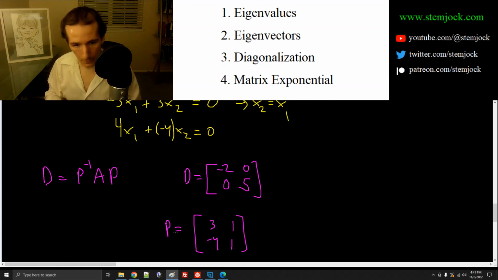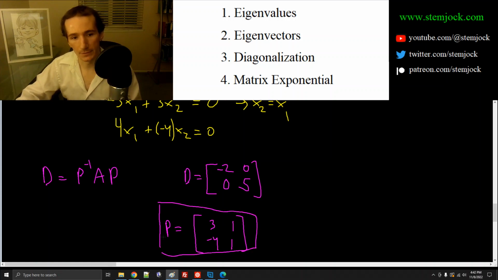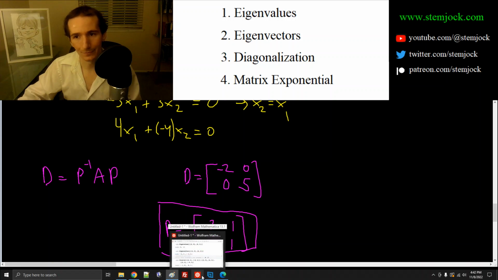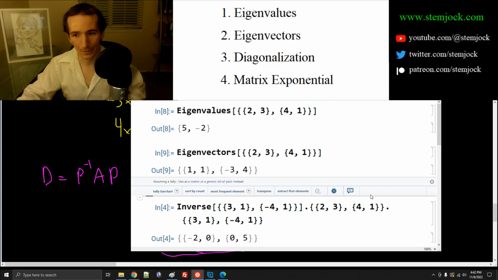So P equals 3, 1, negative 4, 1. This is going to be the matrix in which if I take its inverse and I multiply it by A and I multiply it by P, it will give me a matrix with A's eigenvalues on the diagonal. And it's going to be kind of tedious to compute that all on my own, so I'm going to do it here.